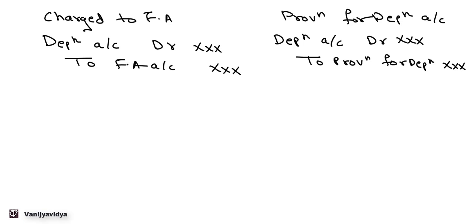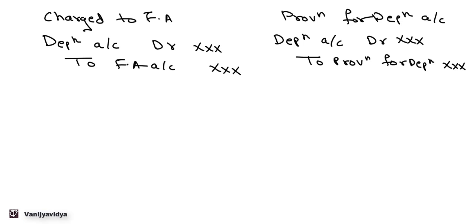Then, whenever there is a sale, what happens in the case of provision for depreciation method is that the fixed asset is at cost, and provision for depreciation is showing the total accumulated depreciation for all the assets.